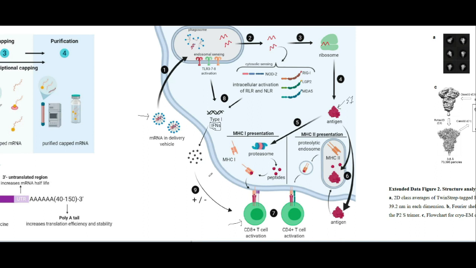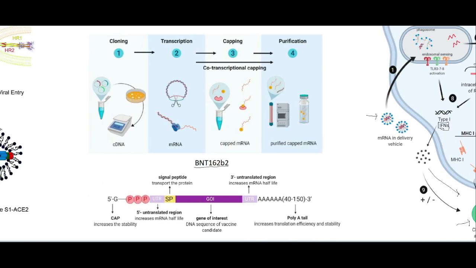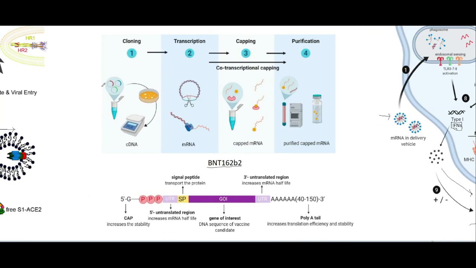Now, that's also what the interferons do as well. And so these mRNAs are produced in vitro. So this just shows that we're using these DNA circles here. They're called plasmids. So they produce the DNA. They transcribe it in vitro.